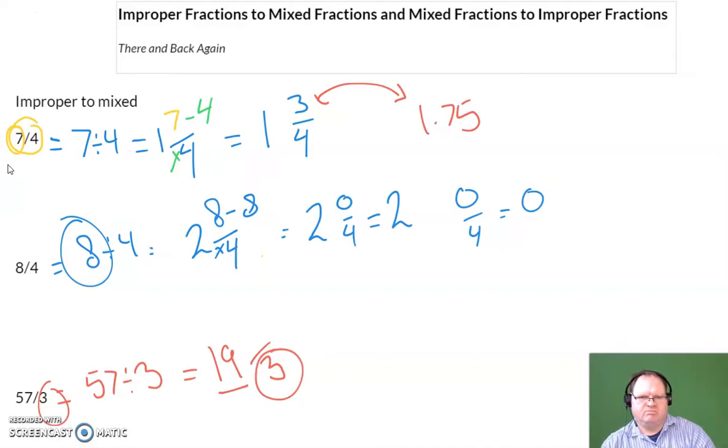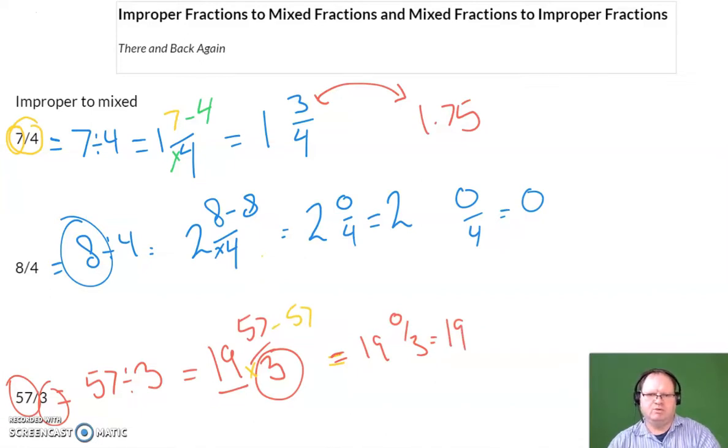So it is 3. We have 57 in the top. And then we're going to take away whatever 19 times 3 is. As it happens, it's 57. So again, now we have 19 is equal to 57 subtract 57, which is 0 over 3. And I could just write down 19.